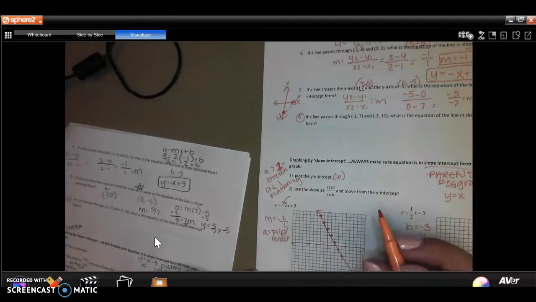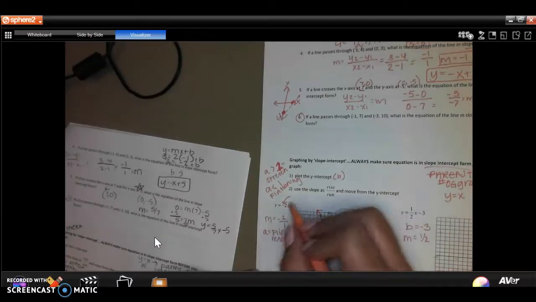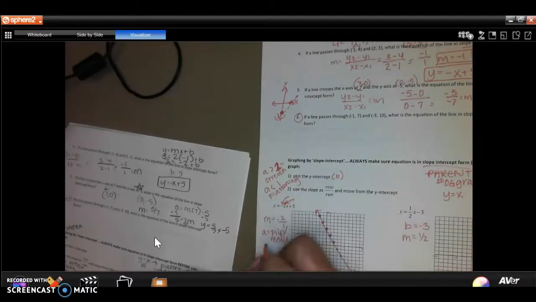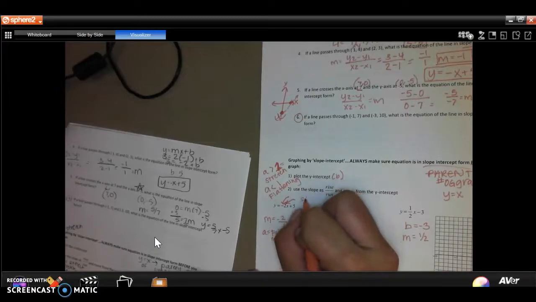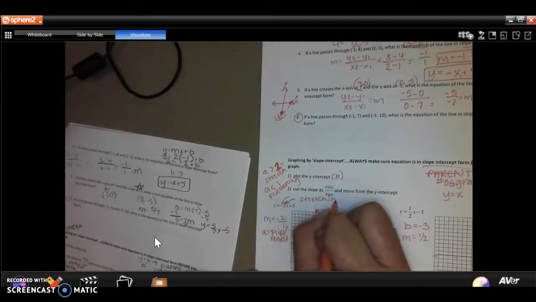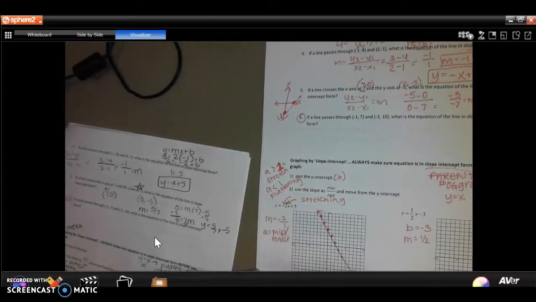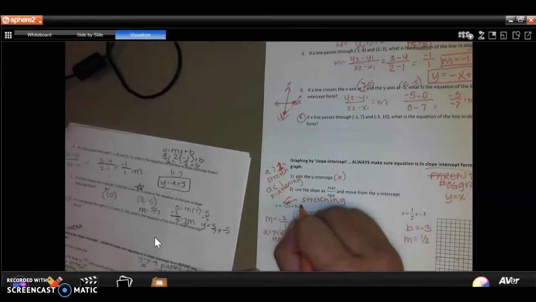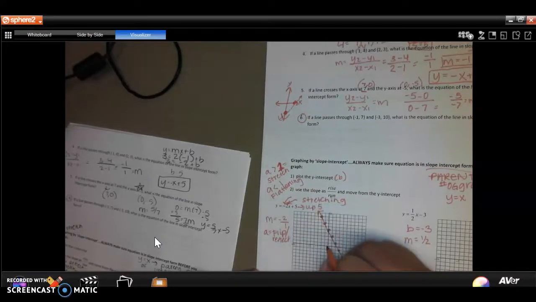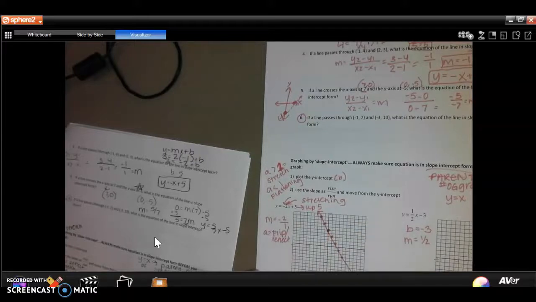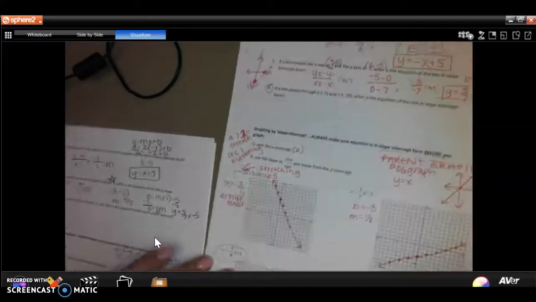And that 2 tells me that it is stretching from the original. And that 5 is telling me if it's moving up or down. It's moving up 5 from the original, because that's my y-intercept.